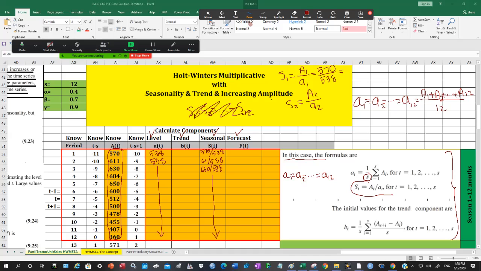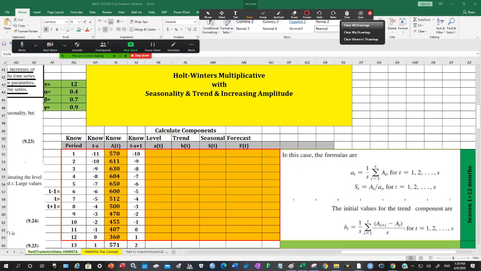And let's make some space. So this is the formula to find the trend component. Okay, so B1, when T is 1, B1 equals 1 over 12.